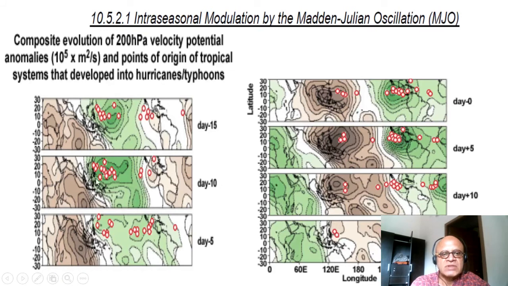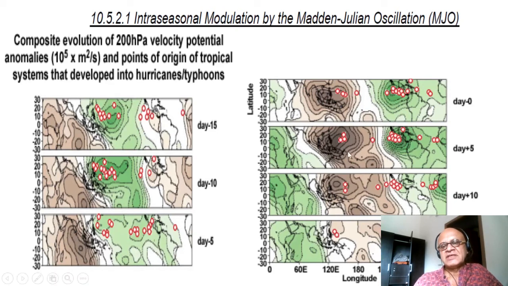So the actual mechanism of exactly how MJOs affect cyclogenesis is debated, and it isn't clear that the dry phases and the wet phases are working differently in terms of cyclogenesis versus the direct impact on the growth of the cyclone, for example.